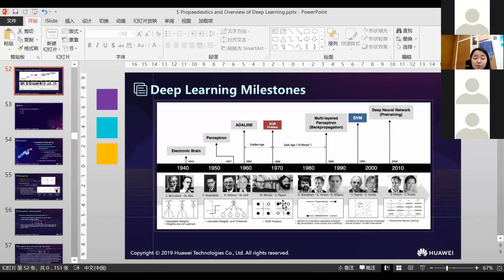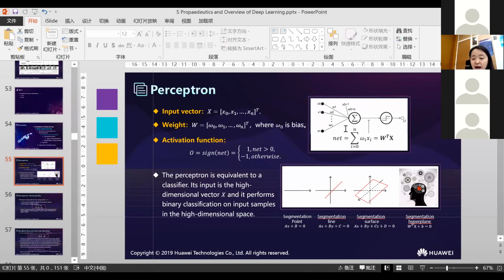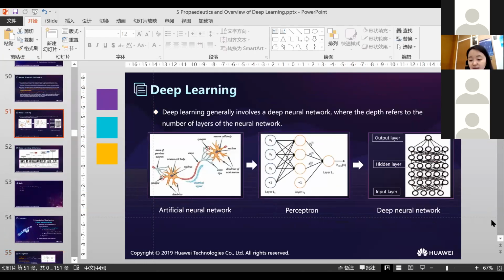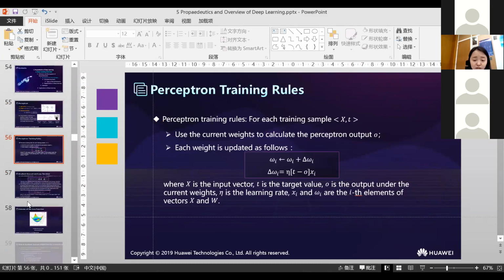It's a nonlinear problem, but the perceptron is a binary linear classification model, so it cannot solve the XOR problem. That is a problem of the perceptron. To solve the XOR problem, to solve nonlinear problems, we need to add neurons like this.